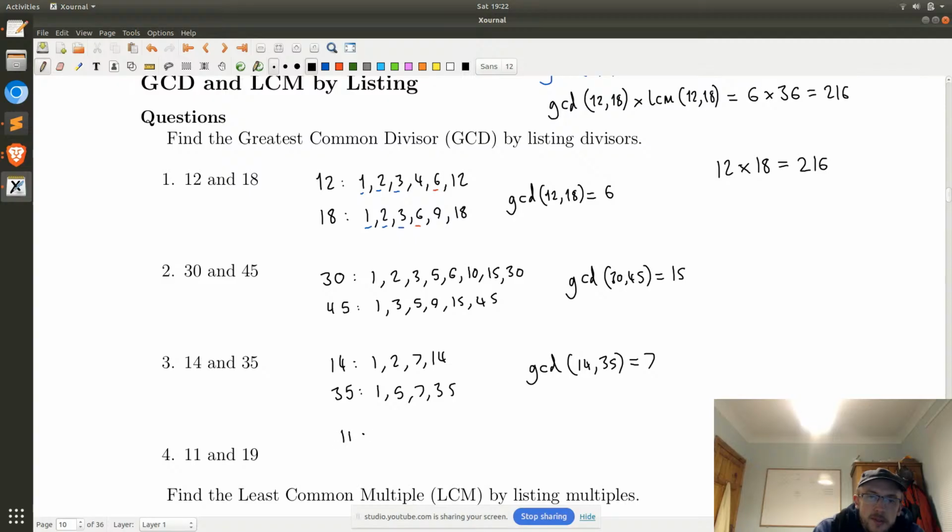And for 11, it's a prime number, so its only divisors are 1 and itself. And likewise for 19. And the greatest common divisor of any pair of primes is always 1, unless the two primes are equal, in which case it's the prime itself.